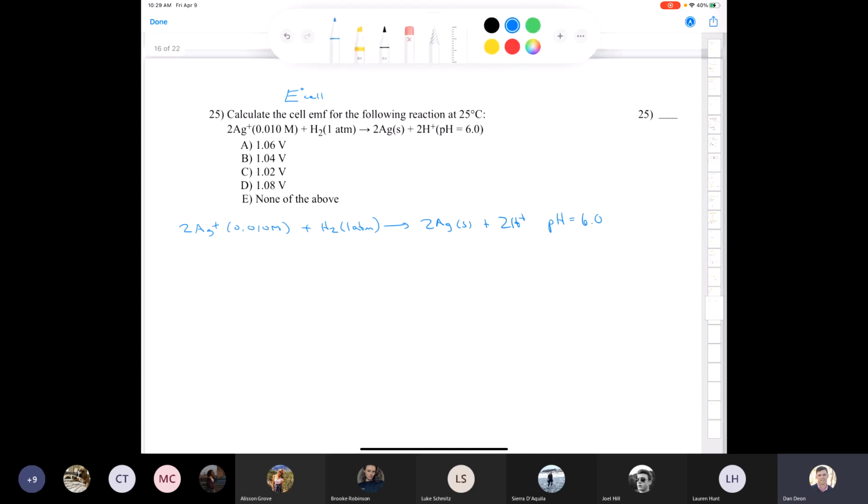From my pH, I can calculate the concentration of the H plus because it is aqueous, right? It's in a solution. Let me just tidy this up a little bit. So we have our H plus, which is aqueous.